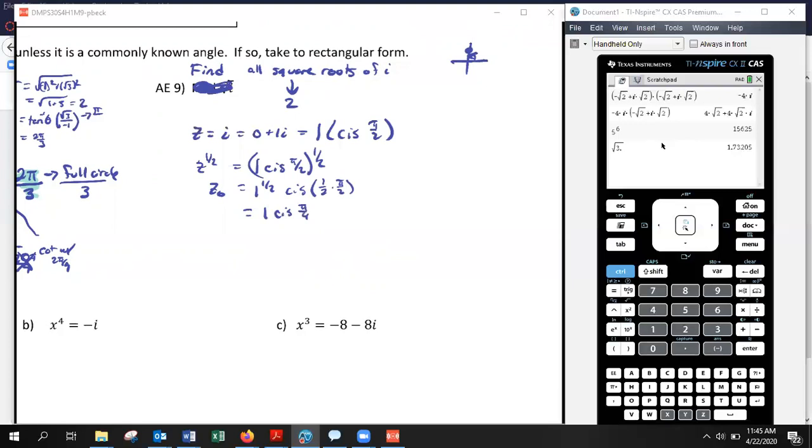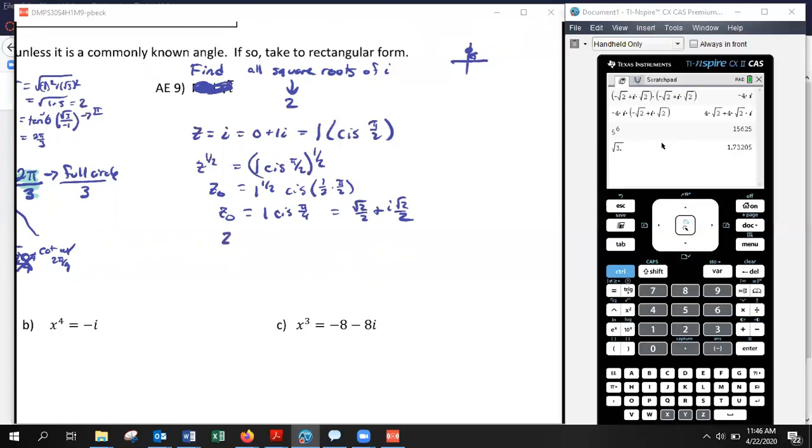Now that is a known angle for us, so the radius is 1. The cosine of pi over 4 is square root of 2 over 2, plus i sine of pi over 4, and the sine of pi over 4 is also square root of 2 over 2. So we end up with our principal root of square root of 2 over 2 plus square root of 2 over 2 i.